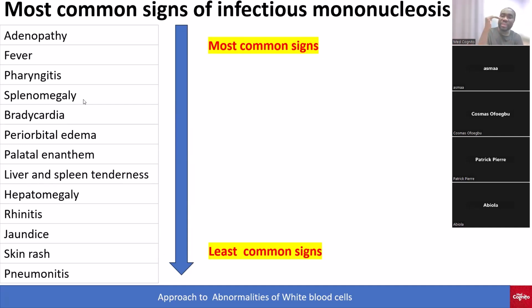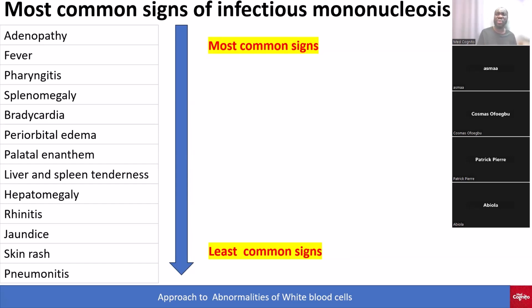So adenopathy is very common, fever is very common, pharyngitis, splenomegaly, bradycardia, periorbital edema, and then it goes down and down and down. Palatal enanthem, liver and spleen tenderness, hepatomegaly, that's an enlarged liver, rhinitis, that is runny nose, jaundice.